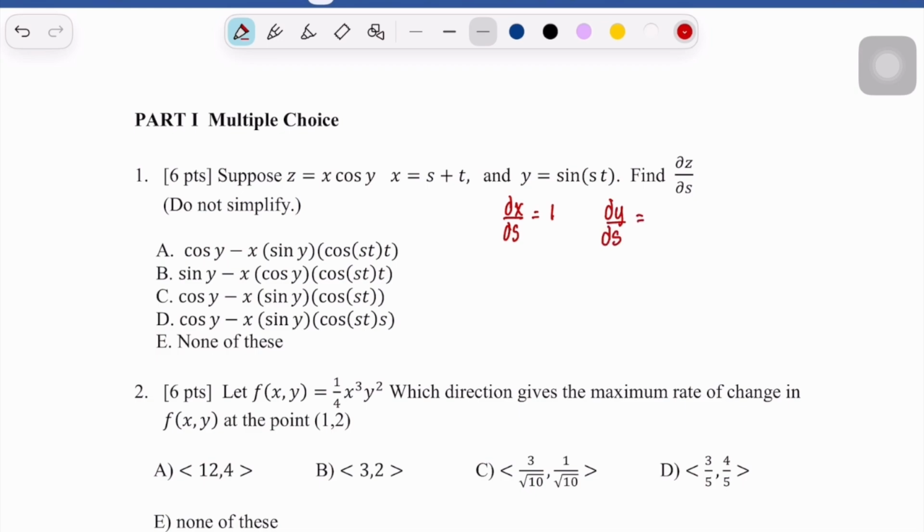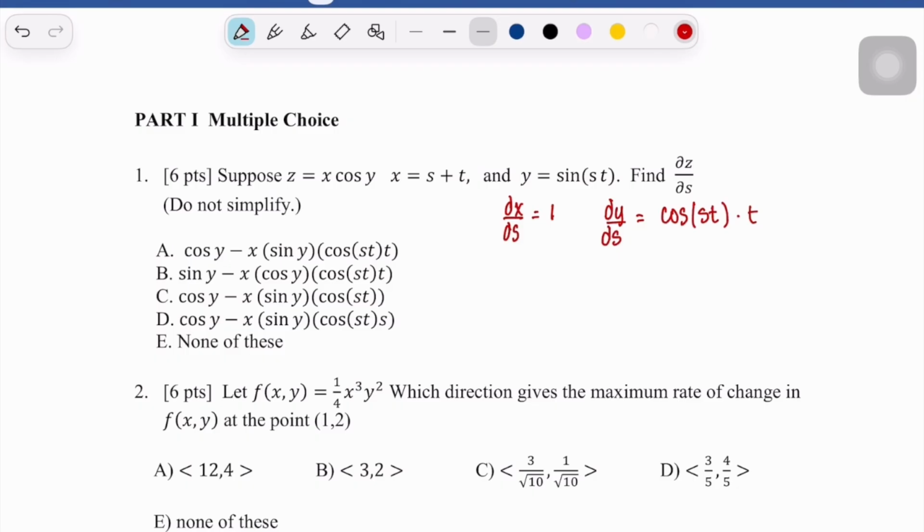Then we take the derivative with respect to s for y. This becomes cosine of s times t, times the derivative of the inner function, and that's just going to be t in our case.